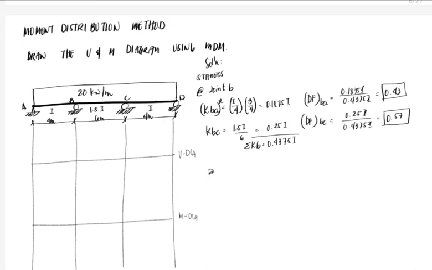Next naman tayo at joint C. So, joint C naman natin, as you can see, we have KCB. Yung KCB natin, that is 1.5I over 6 or roughly that is 0.25I. However, yung KCD natin, naka-roller siya sa edge. So, reverse na natin agad yan. We have 3/4 multiplied by I over 4.